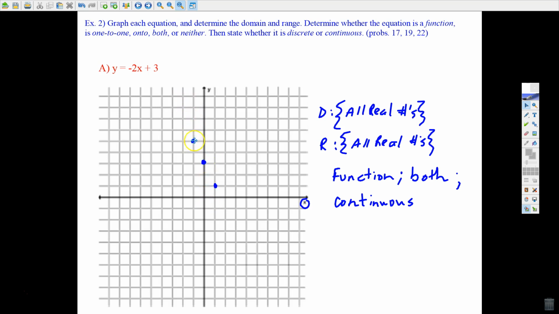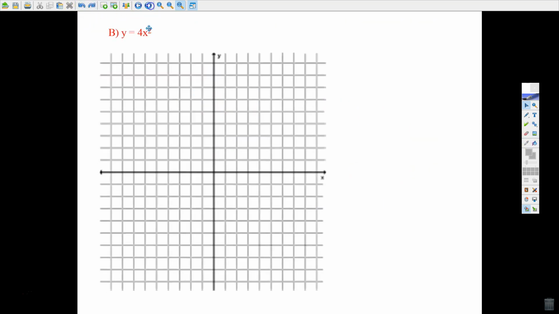If it's just three ordered pairs that are not connected, then this could not be a domain of all real numbers, and it couldn't be a range of all real numbers. This would be a good example of a discrete function. It is a function because it passes the vertical line test, but it's not continuous, moving continuously, containing all points forever and ever, going in both directions. All right, so let me put my line back and we'll move on.